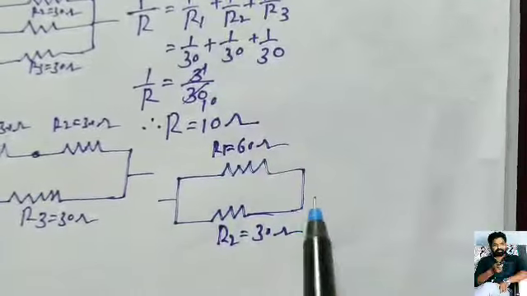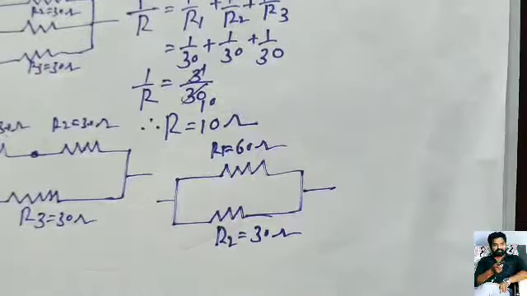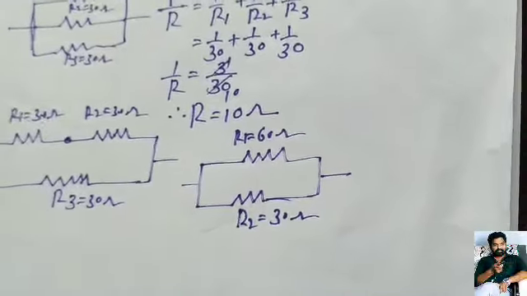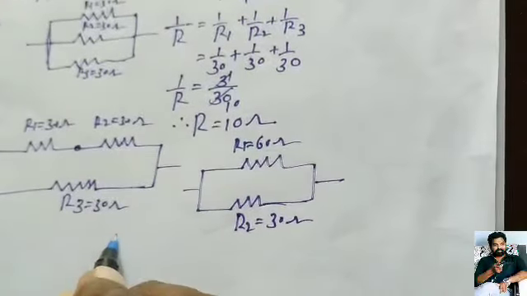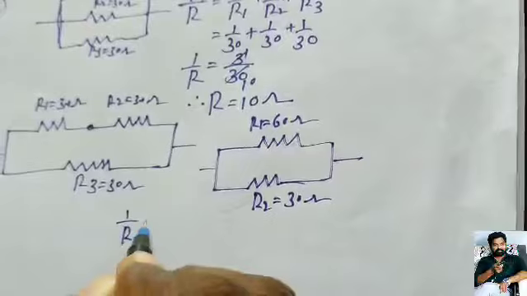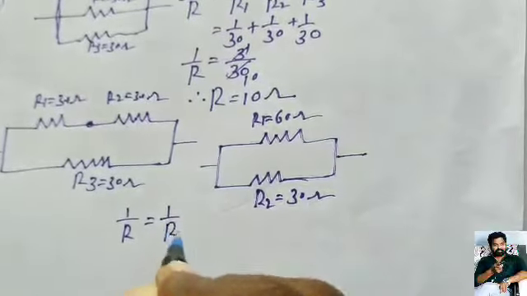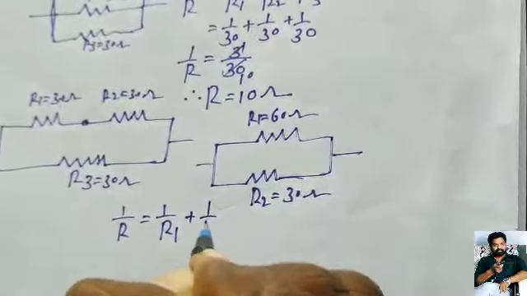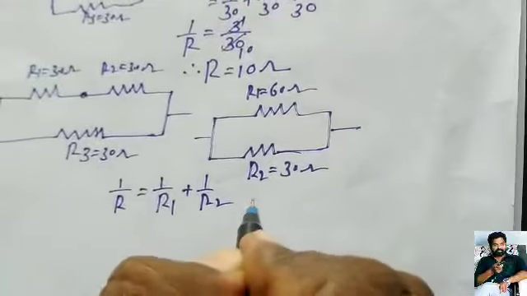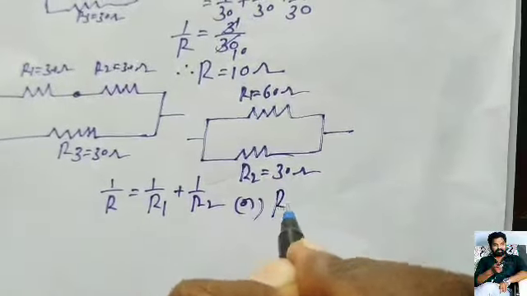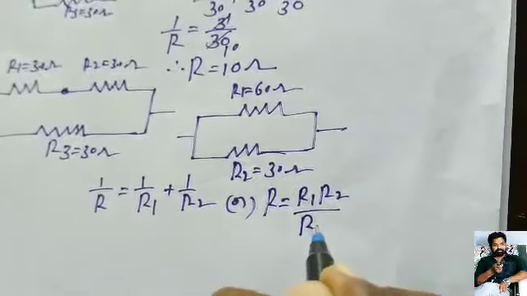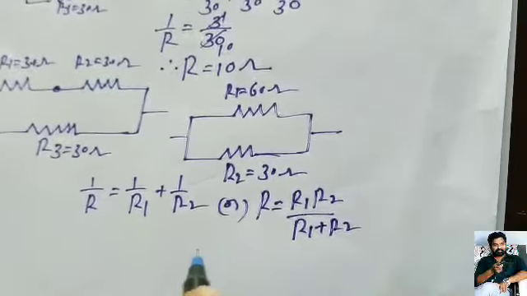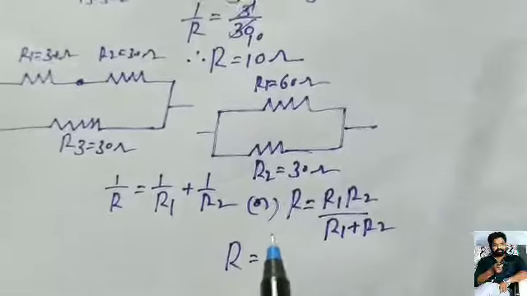Now R1 and R2, these two are in parallel. When these two are in parallel, 1 by R equal to 1 by R1 plus 1 by R2, so R equal to R1 R2 by R1 plus R2. So directly we can find R here.